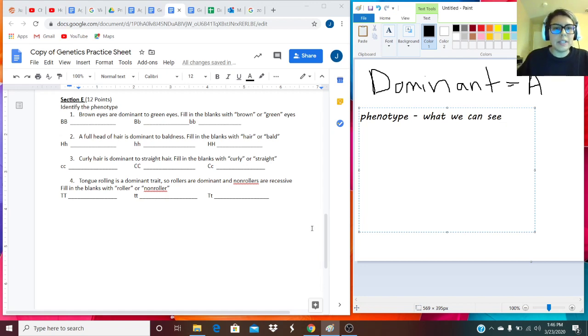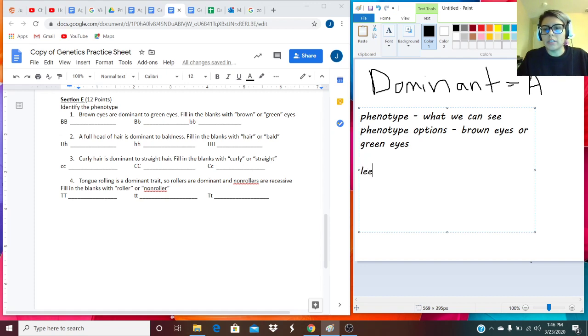All right. So in this case, identify which phenotype they have. It's either brown eyes or green eyes. So our phenotype options for this example are brown eyes or green eyes. Now, how are we going to determine this based off of just the letters?